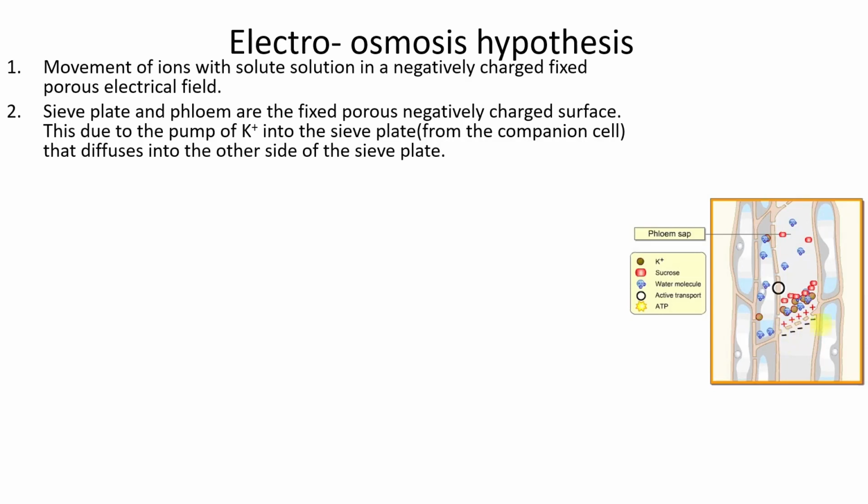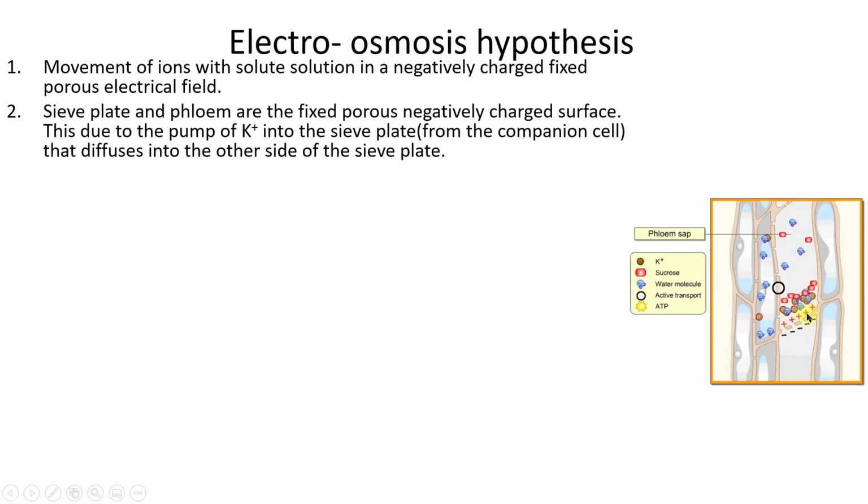This is the sieve plate, and initially the sieve plate is negatively charged. This diagram shows you the aftermath of it, where it became positively charged. But initially, it is negatively charged.